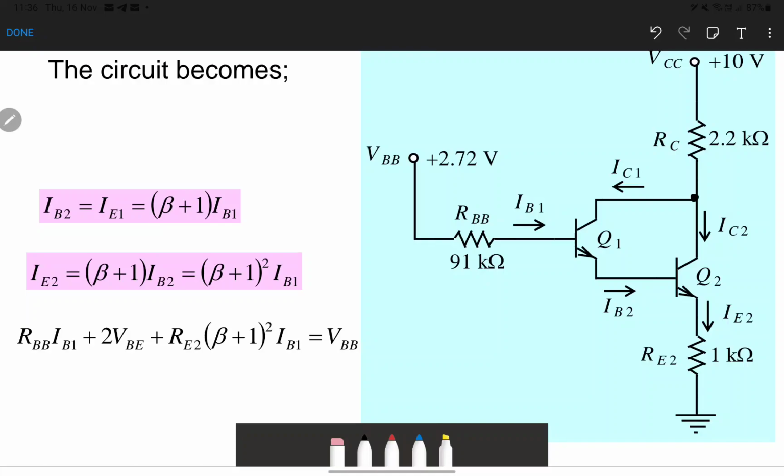Like we already learned in the previous slide, the relation of this Darlington pair current distribution, so we just apply the formula. First of all, you need to find IB by using this loop.